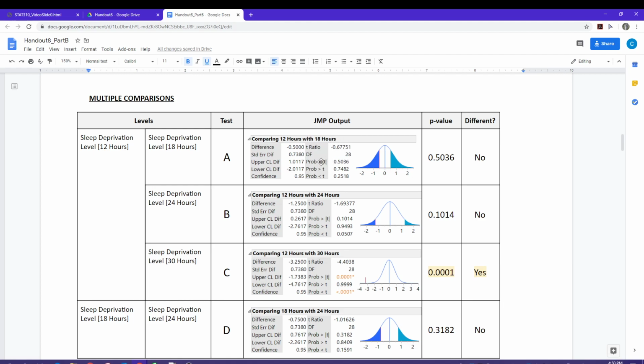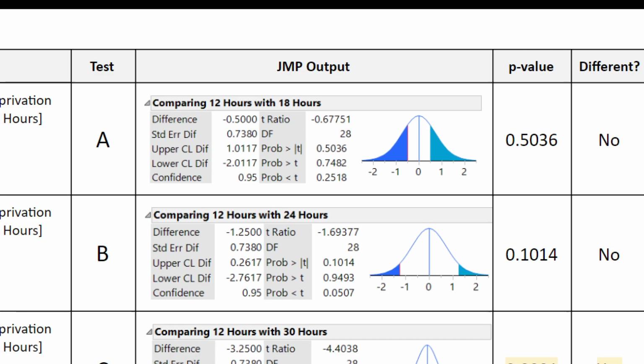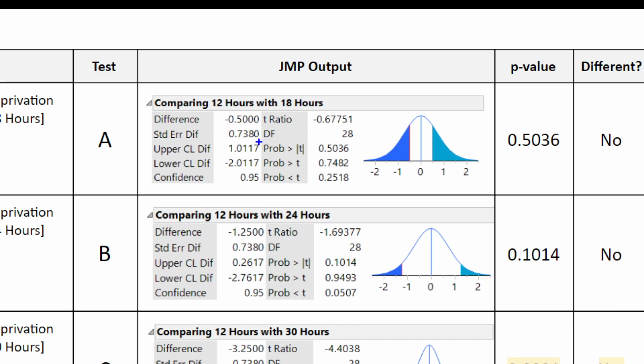The p-value, if these are two-sided tests, which we normally do for multiple comparisons, is listed right here at 0.5036. So that p-value is listed right there.